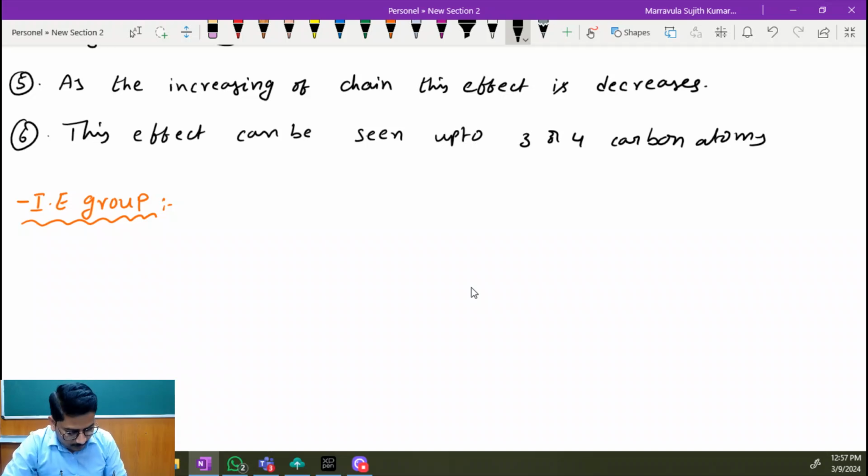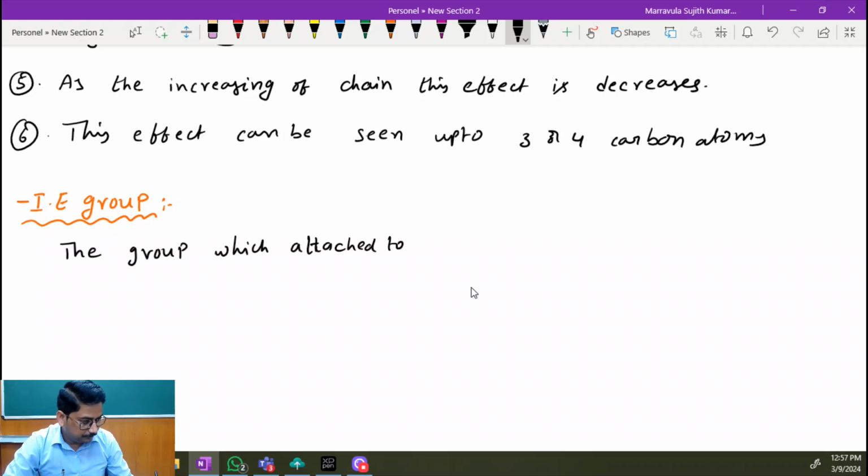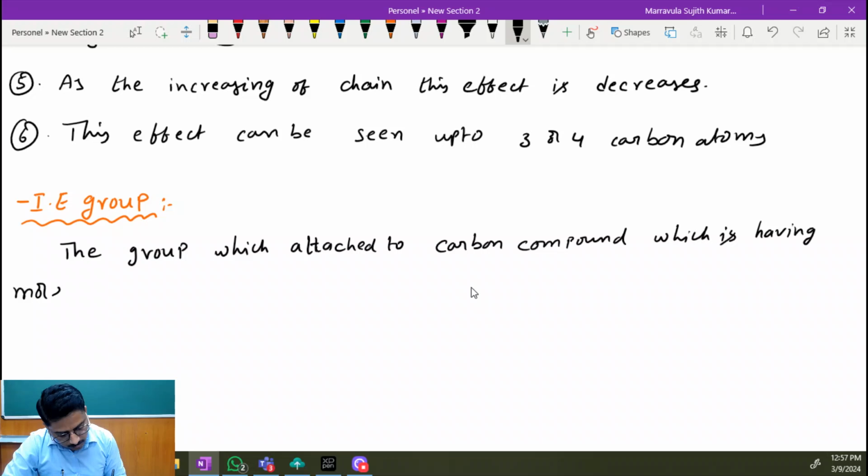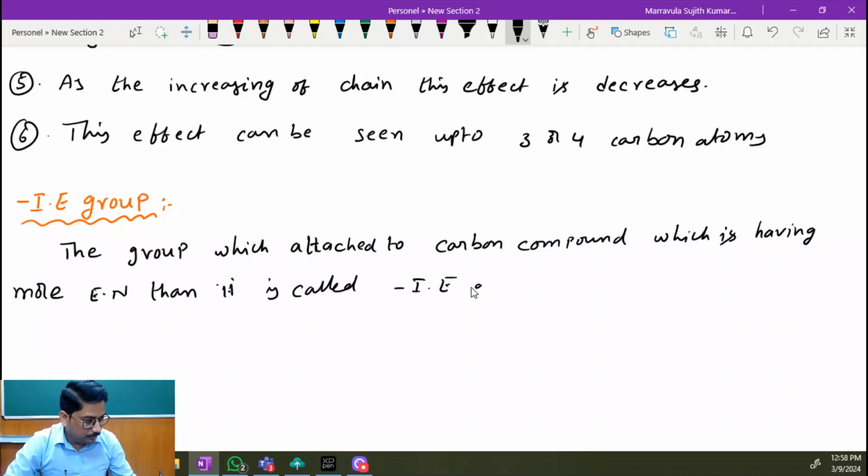We can say simply the group which is attached to a carbon compound and is more electronegative than hydrogen is called a minus I group.